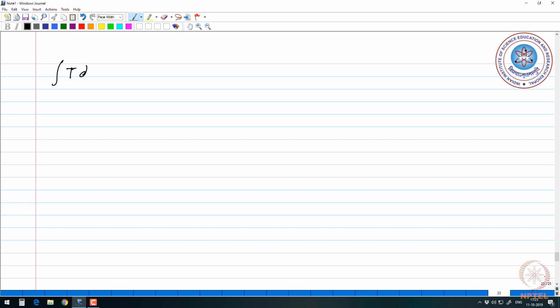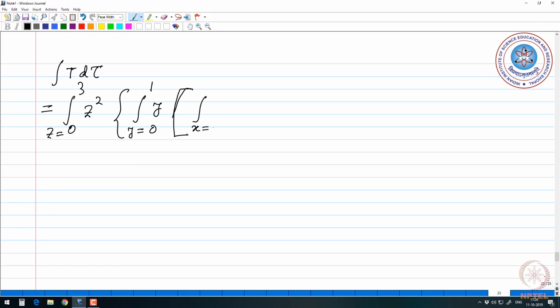Integral T d tau, within these limits, will be given as the limit over z is 0 to 3 z squared, the limit over y is 0 to 1 y, the limit over x is 0 to 1 minus y, x dx.